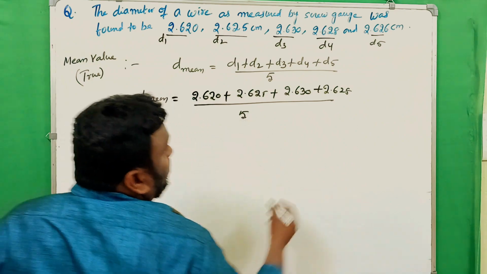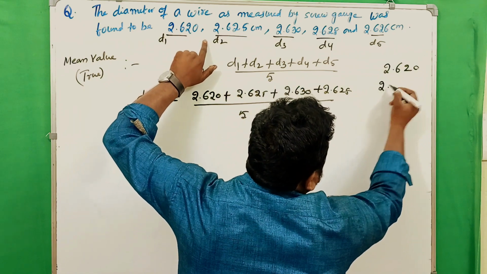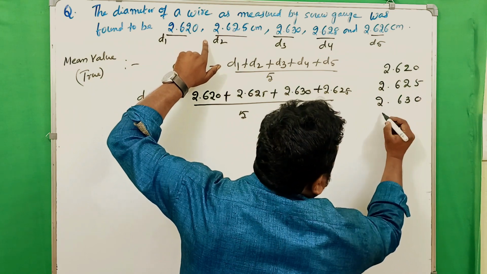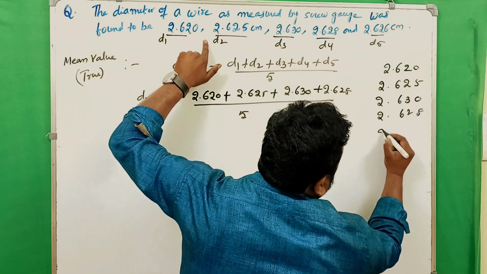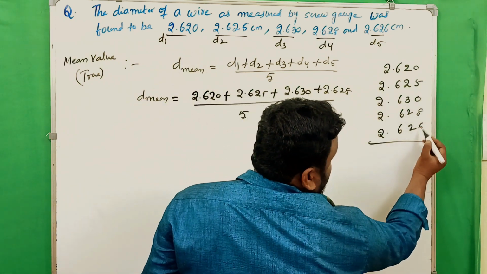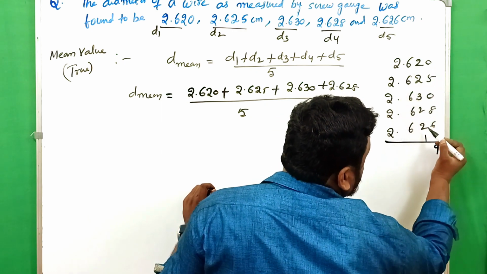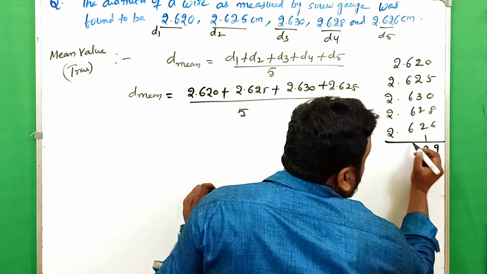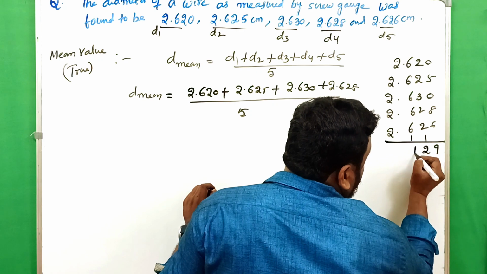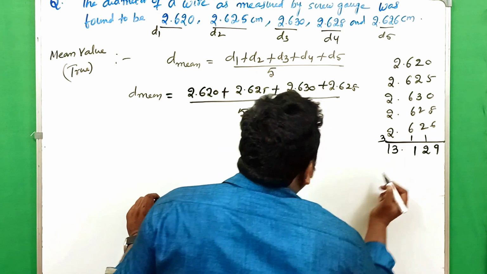So you can add them. 2.620, 2.625, 2.630, 2.628, 2.626. Clear? 5 plus 8 is 13, plus 6 is 19. Adding the next column gives 12, then the remaining digits give 13.129.